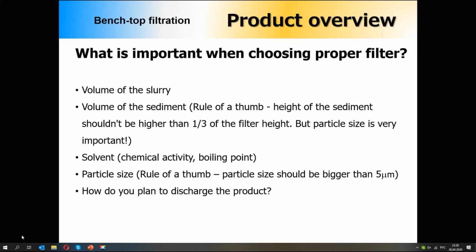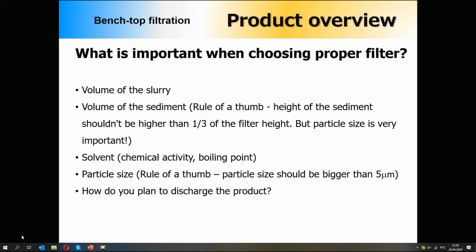There are some questions about that. What kind of filter tissue can you use? I can give you an example. One of our customers is working with methylene chloride, and in this case he cannot use a polypropylene filter because it swells in methylene chloride.